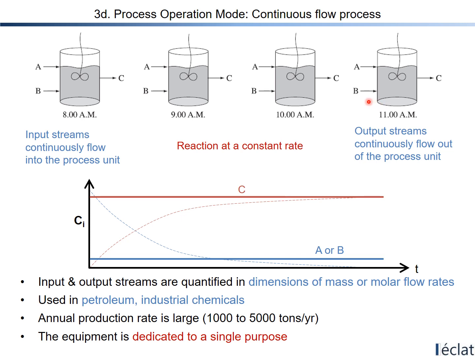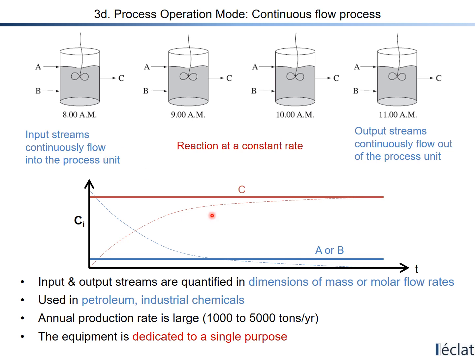So the concentration profiles of A and B and C is like that. C is some value, A some value, B some value, which is not changing for a long time, because even at time equal to zero, the concentration of each reactant and product is at steady state.